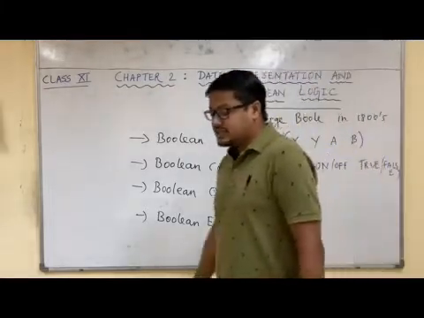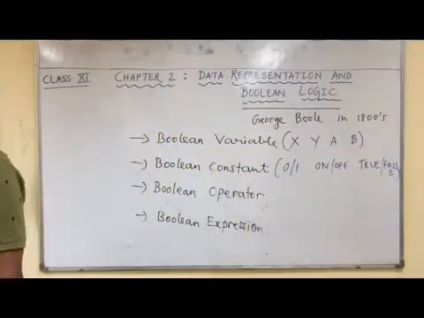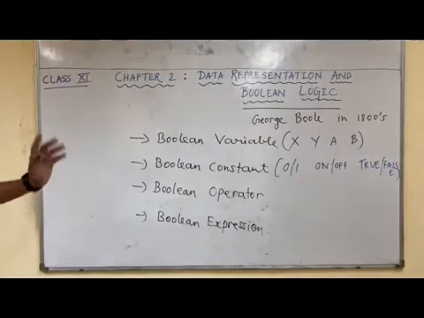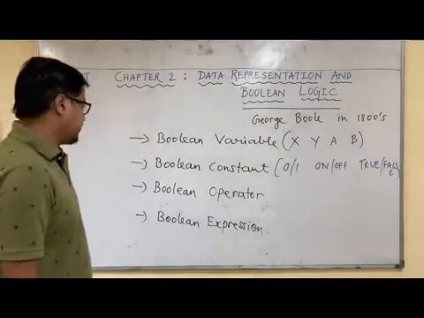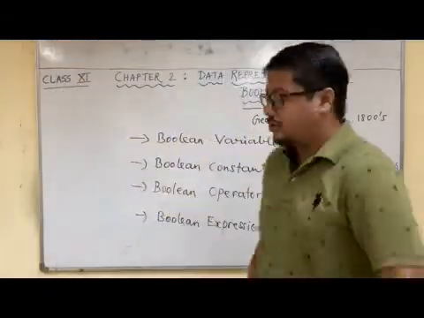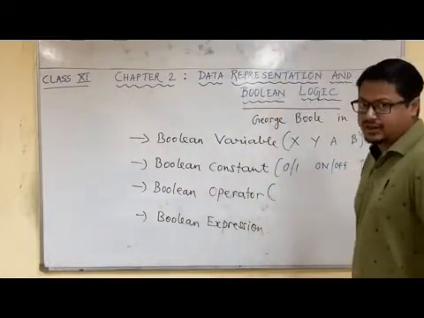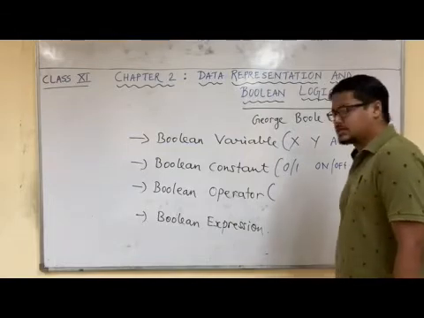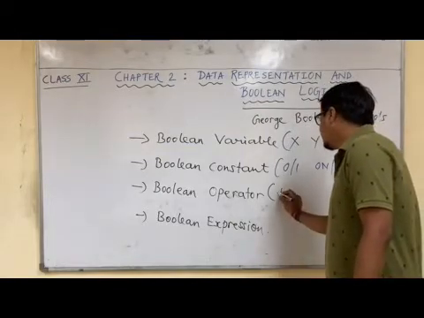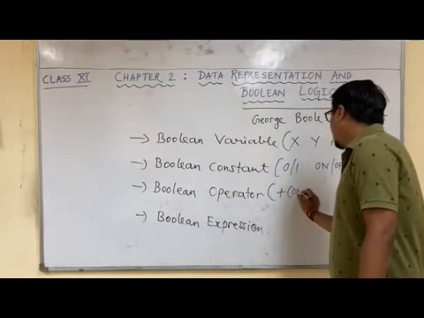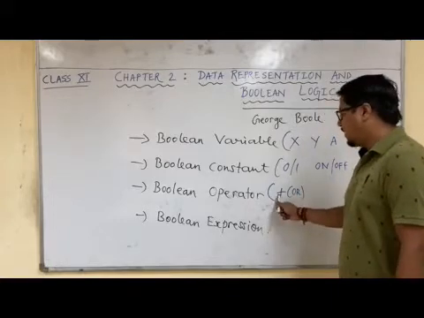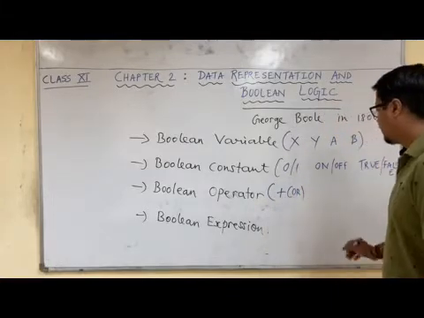Boolean variables and Boolean constants are interrelated because a Boolean variable will hold the value of the Boolean constant. Boolean operator, this is the most important part, pay attention. There are predominantly three Boolean operators that we will discuss. Number one is OR, plus is referred to as or.